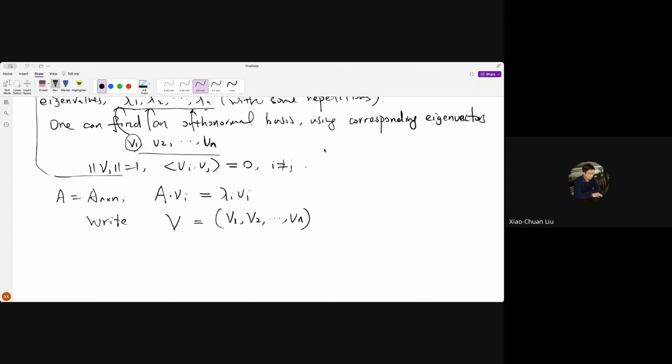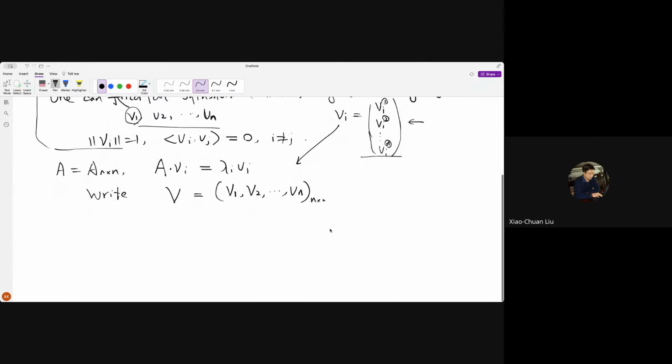For example, each Vi could be a column vector with coordinates Vi1, Vi2, and so on. My notation is a little strange, I just put an example for this. I write it down as a column vector, so if you expand all the column vectors, V is an n by n matrix.